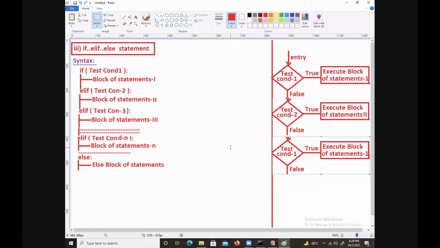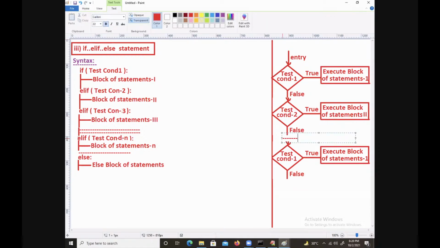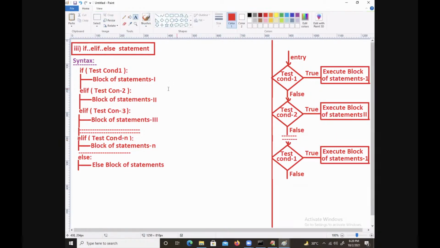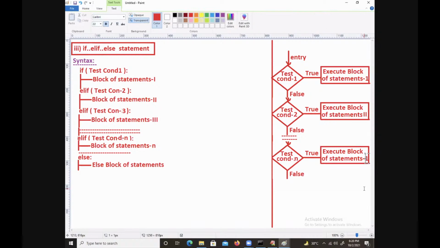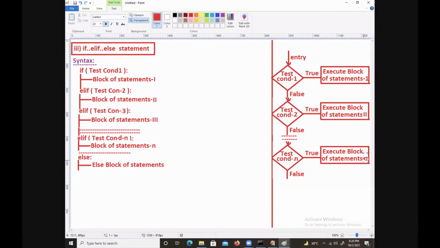Here I am writing test condition N, the nth condition, and block of statements N.